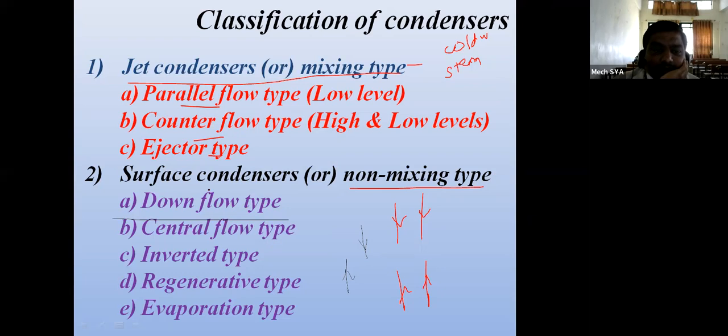And another type of condenser is called surface condenser, or non-mixing type of condenser. What is meant by surface condenser or non-mixing type? Anybody of you? Heat transfer is necessary for the heat exchange. But what is meant by surface condenser?